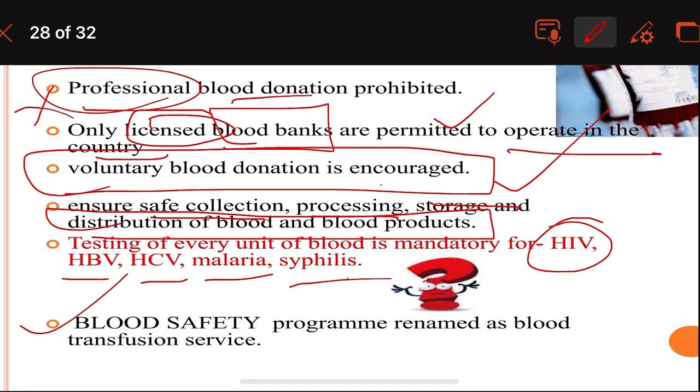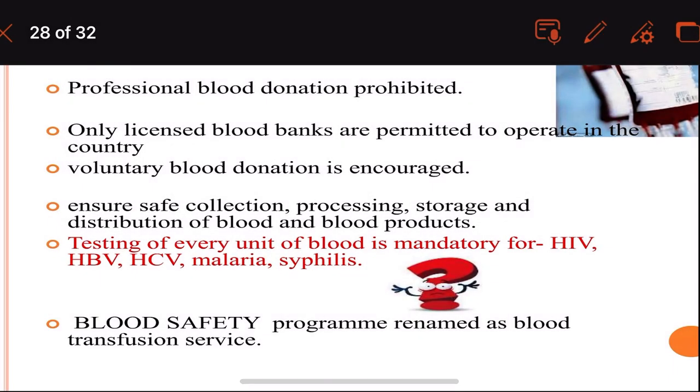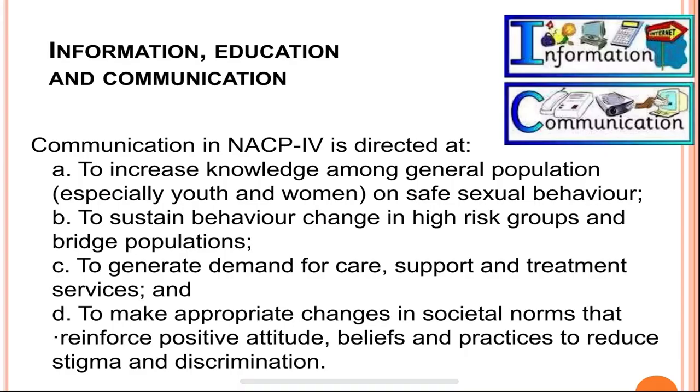The blood safety program is renamed as the blood transfusion program, which we studied earlier. Further, information, education, and communication. What is the aim of information, education, and communication in National AIDS Control Program 4?